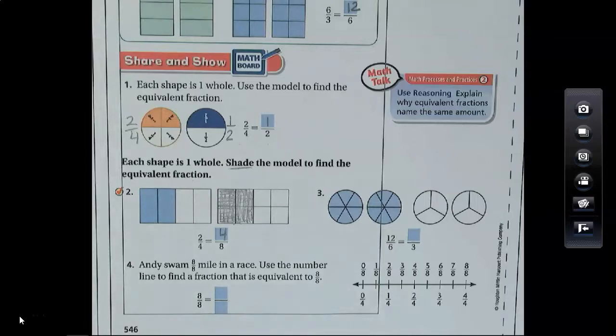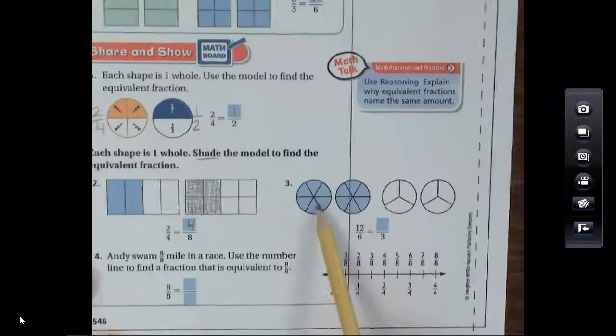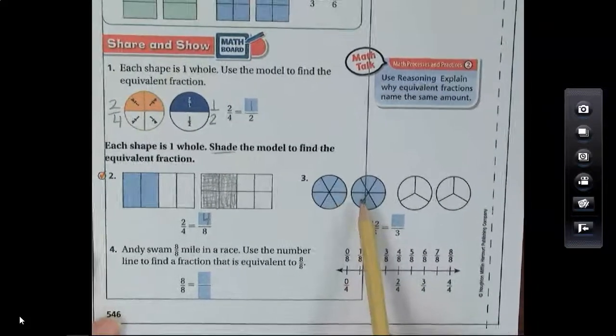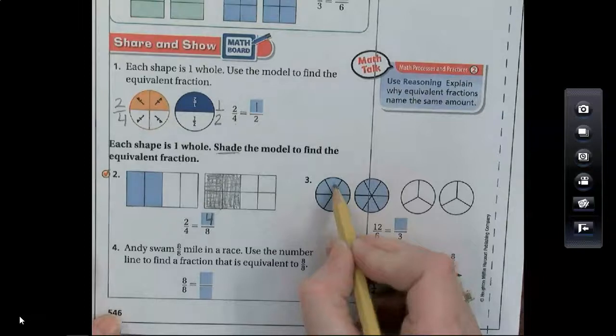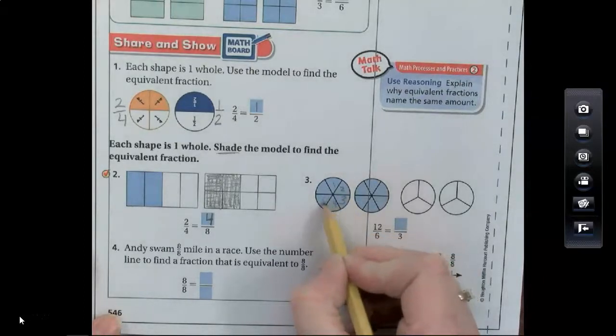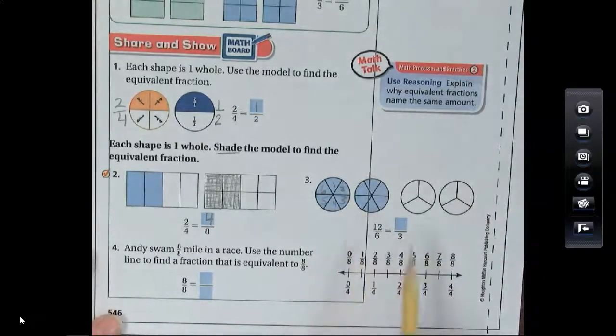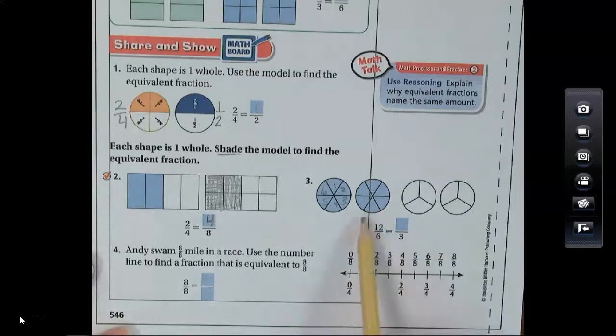Okay, this time for our model, we are going to use these circles. We have 2 circles divided into 1, 2, 3, 4, 5, 6. Both of those blue circles are divided up into 6 equal pieces. And so we have a fraction greater than 1 here. We have 6 equal pieces as our denominator.